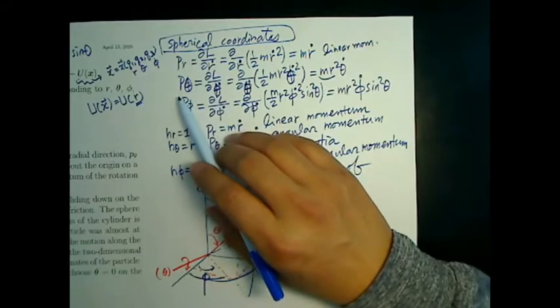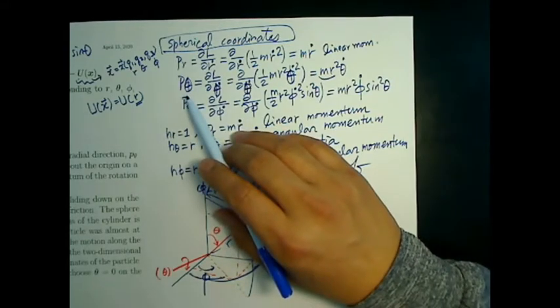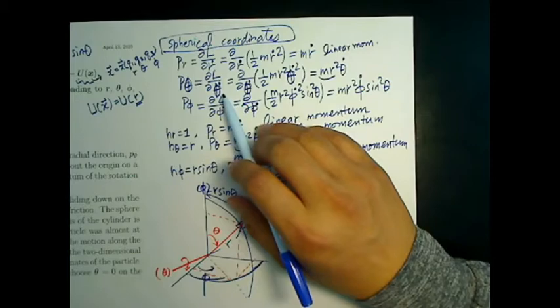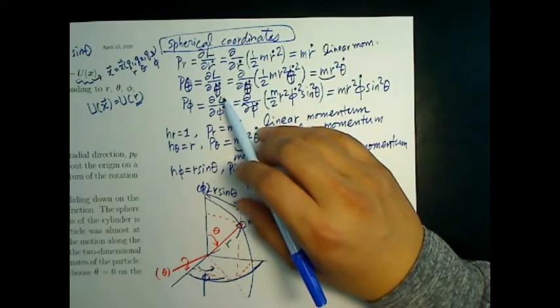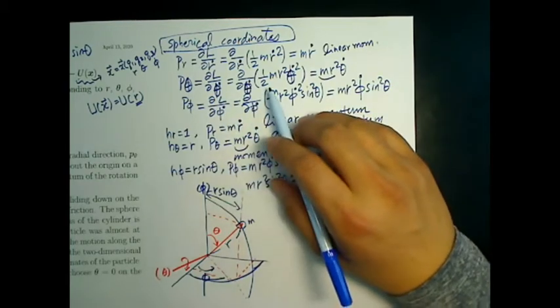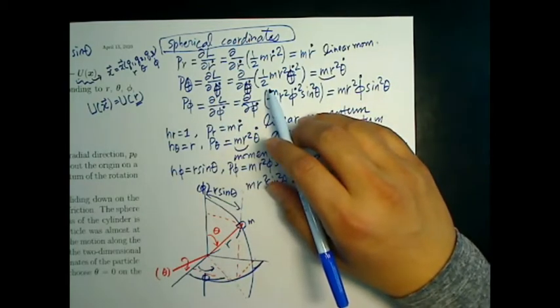P theta, which is the orbital angular momentum, can be obtained by taking the partial derivative of the Lagrangian with respect to theta dot. The theta dot dependent kinetic energy is written in this way, 1/2 m r squared theta dot squared.